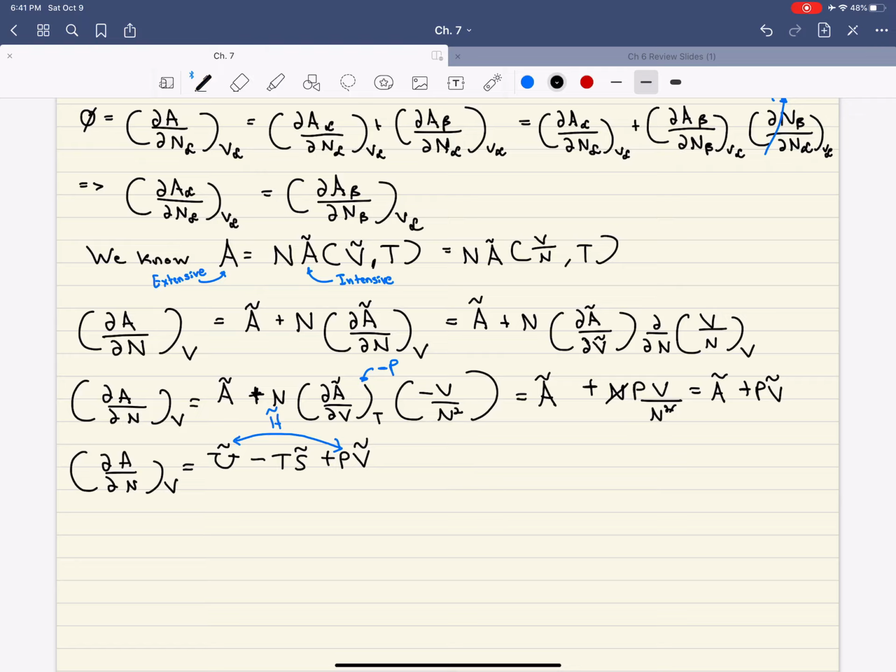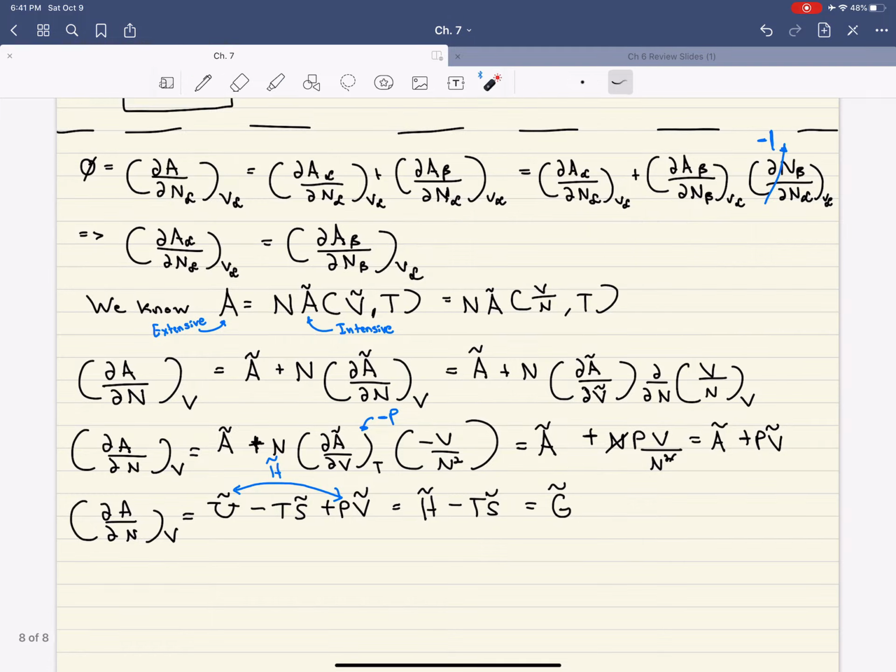Okay, so what we have is now H squiggly minus TS, and that gives us the molar Gibbs energy.